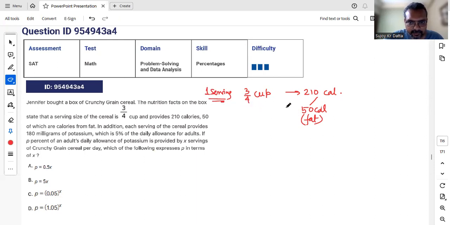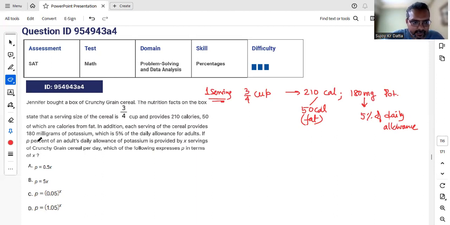And also it provides 180 milligrams of potassium. Okay, it's potassium. Let's write potassium, which is 5% of the daily allowance. This 180 milligrams is 5% of the daily need, daily allowance. Okay.